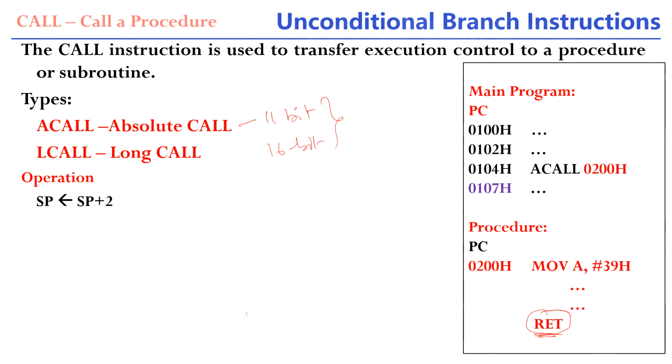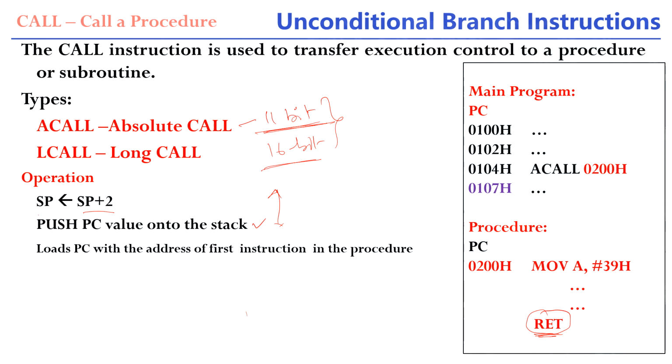Whenever the LCALL instruction is executed, the stack pointer is incremented by 2 and the PC value is pushed onto the stack. These operations are performed whenever an ACALL or LCALL instruction is executed.